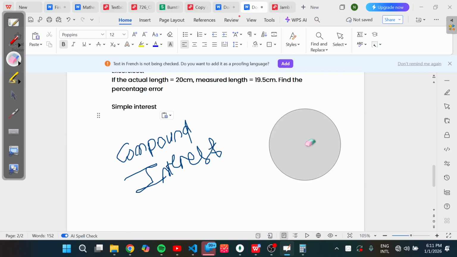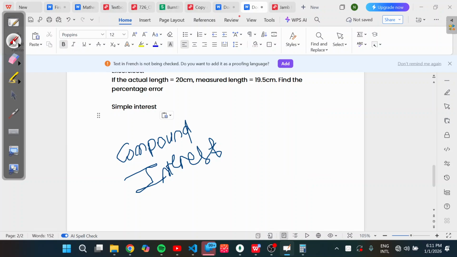Compound interest is interest that is calculated on the principal and the interest that was already added. Notice the difference. Simple interest was just the interest calculated on only the principal. But now compound interest is calculated based on both the principal and the interest that was already added.